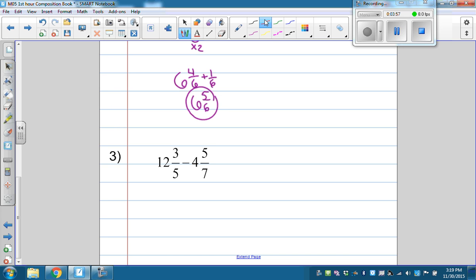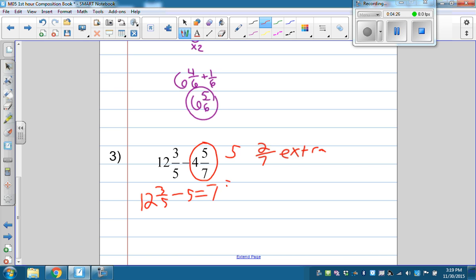So first you look at this, and then you round this to 5. Right. Yeah. And then you have 2/7 extra. And then it's 12 3/5 minus 5, and that equals 7 3/5.